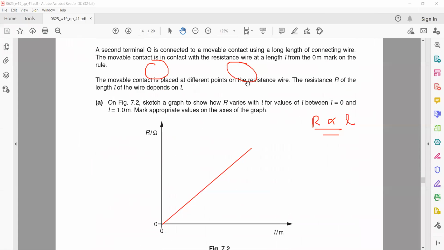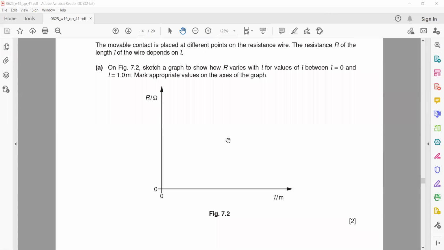So you can first label the axes and then draw a line. That is also right. If you label the axes, this is 0.1, 0.5, and this one is 1, and here we have 5 and 10. So when the length is 1 meter, the resistance is 7.6.